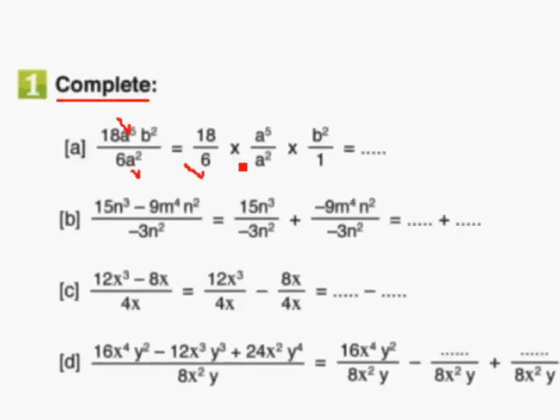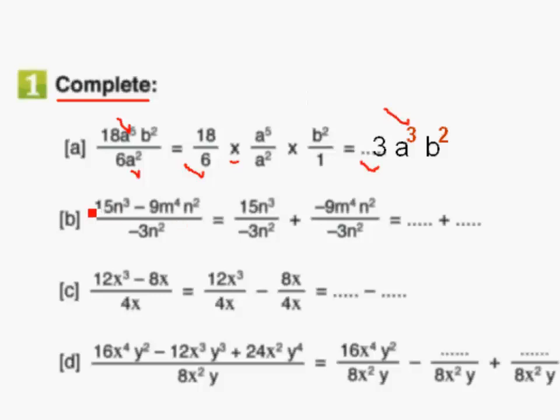This will be multiplied by a to power 5 divided by a to power 2 times b to power 2, and we have to put 1 in the denominator because we don't have b square as the denominator. This will equal 18 divided by 6 is 3. A to power 5 divided by a to power 2 is a to power 3. And b square divided by 1 is b square.